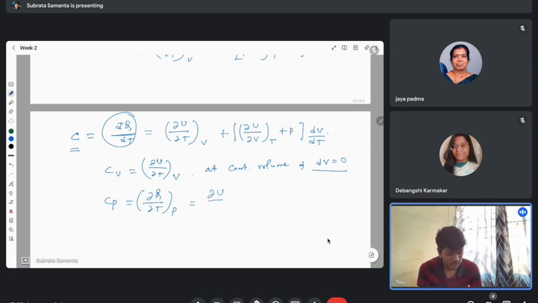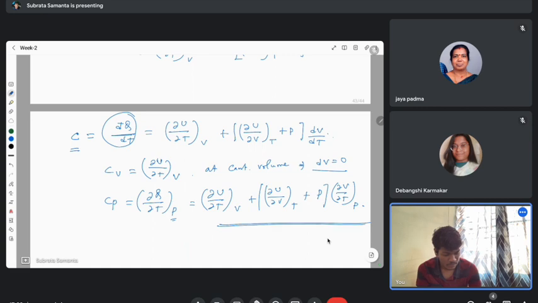That means Cp is del u del t at constant V plus the bracket del u del v at constant T plus P, into del v del t at constant pressure. So this is your Cv, this is your Cp for in general gaseous systems. Okay. So whether ideal gas or real gas, this is true for gases in general.